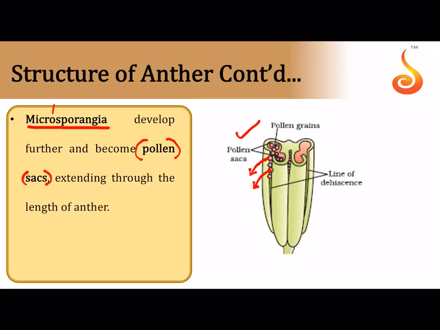So how many microsporangia are there in a dithecous or bilobed anther? There are 4, and ultimately each of these will get filled with pollen grains, and in the later stages we should call them pollen sacs. That means in each half of the anther, I will be drawing this time and again. You have taken a section, so remember this is the section of the anther.